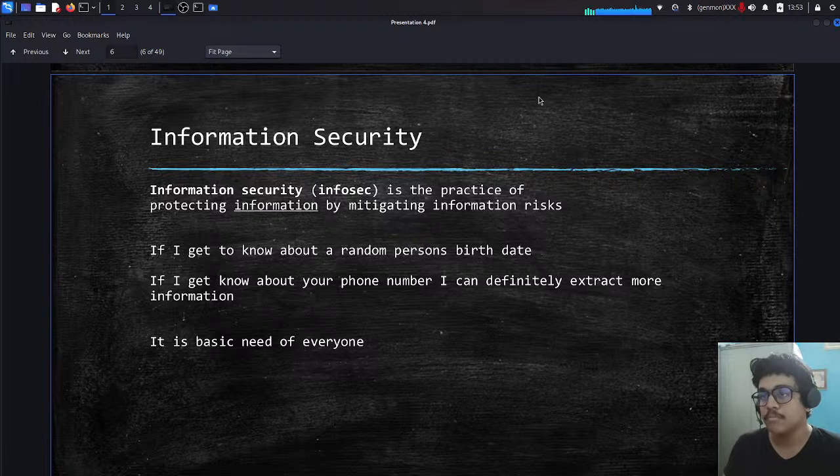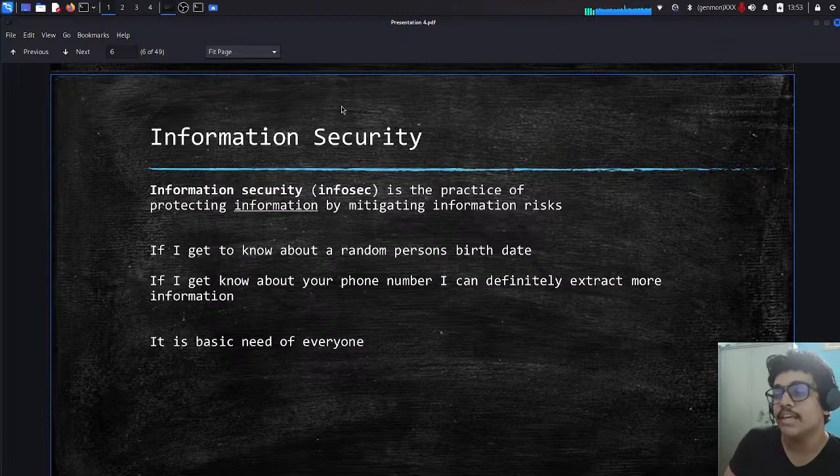It is the practice of protecting information by mitigating information risks. Information can be anything. It can be a text paper, our Aadhaar card, our PAN card, or our digital information. It can be both physically available information and online information. So we should aim to protect this information at any cost by mitigating its risk.